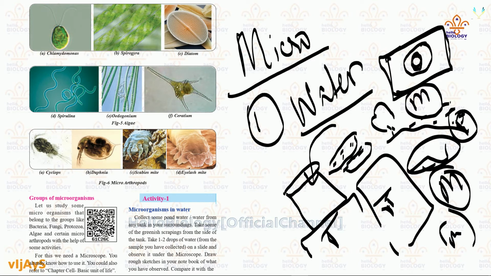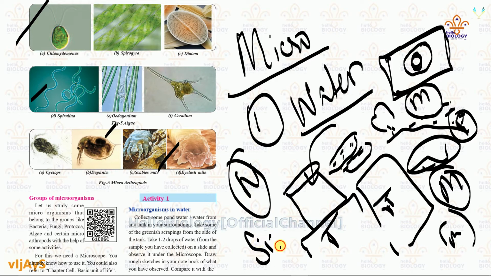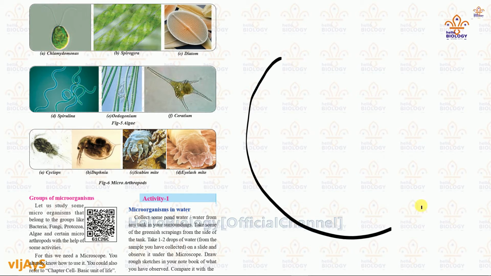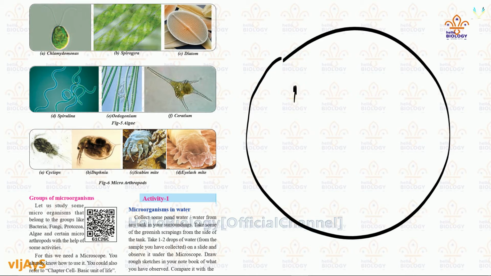After focusing under the microscope, you can see a variety of microorganisms present in the nearby water. Note down and compare their sizes and features. If school starts, you can do this experiment at school itself; one microscope is enough for a class of students. Understood? You will see microorganisms like this, like this.